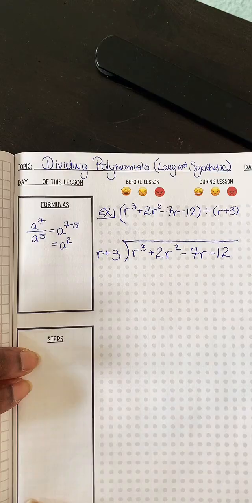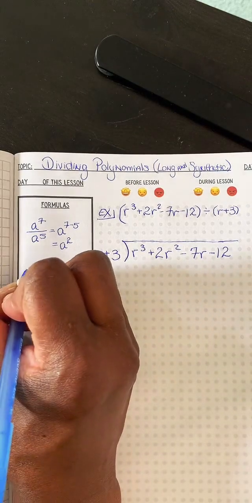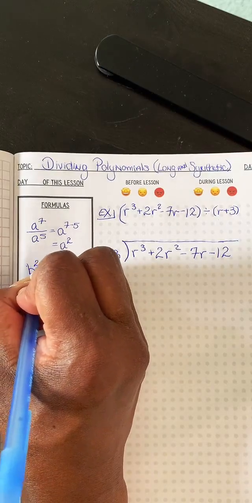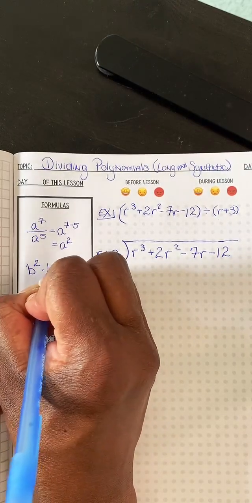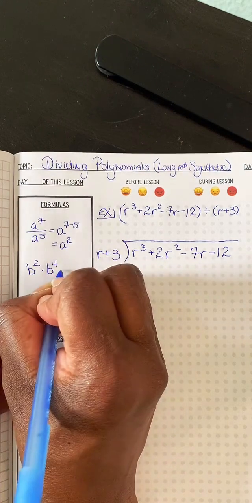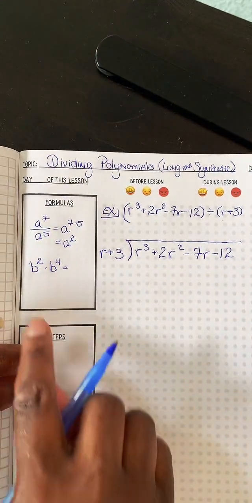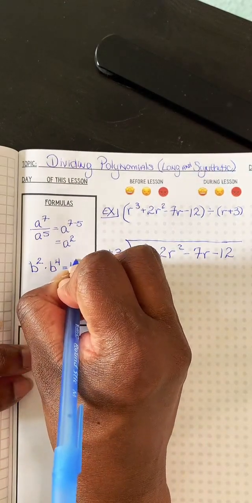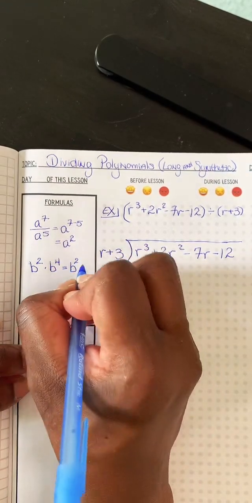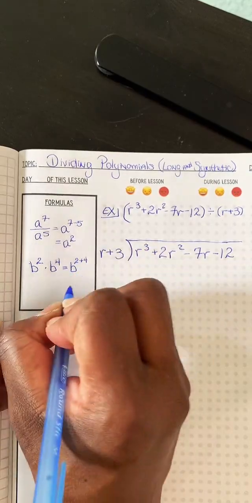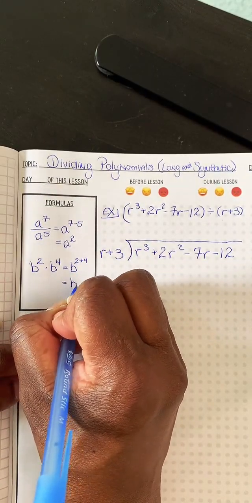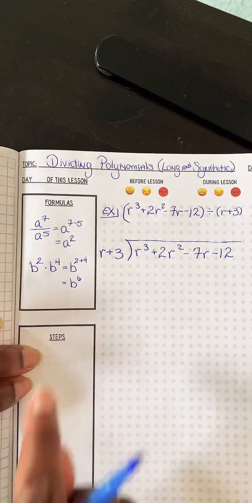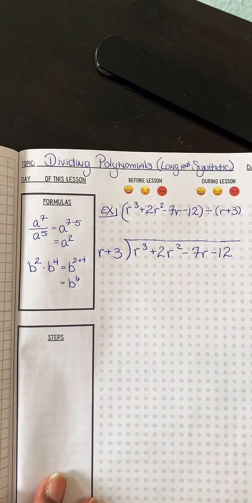Now, when I'm multiplying and the base is the same, b squared times b to the 4th, I add my exponents. So when you multiply, you add the exponents. When you divide, you subtract the exponents.